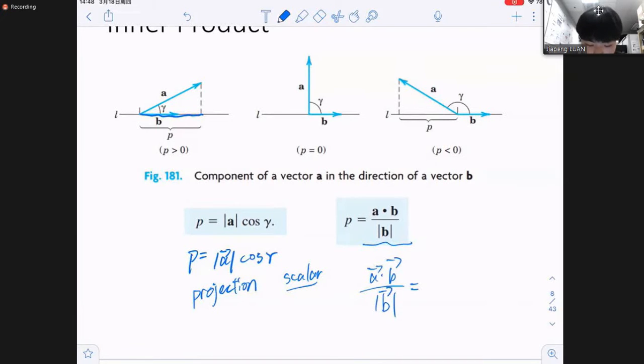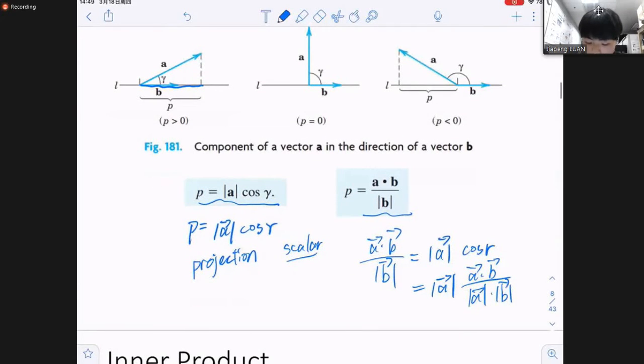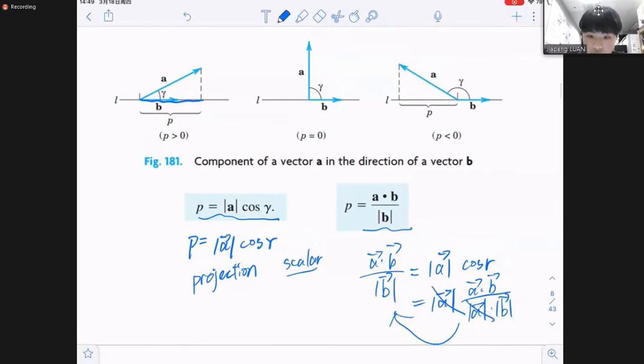This is actually from A norm cosine gamma, which equals A norm times A dot B over A norm B norm. So then you have this equation, right? So that is how you calculate a projection.